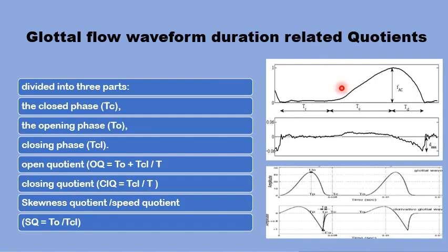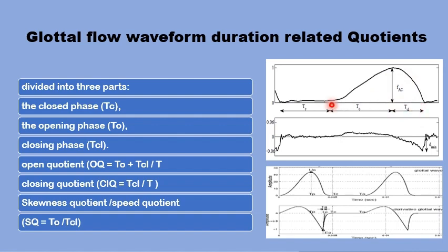From the glottal airflow waveform, some ratios and measurements can be obtained, giving some useful quotients and ratios. The first group of these quotients relate to the duration of the different parts of the vibratory cycle.